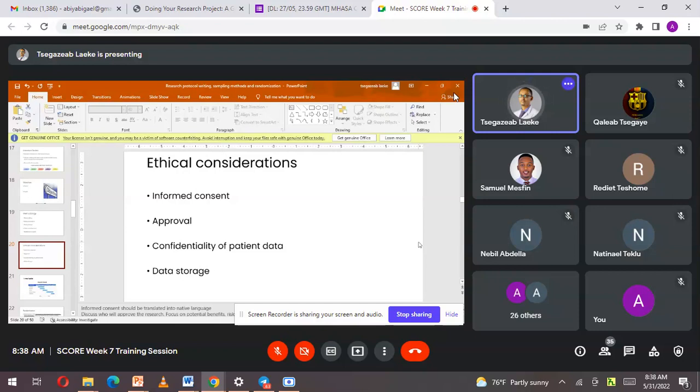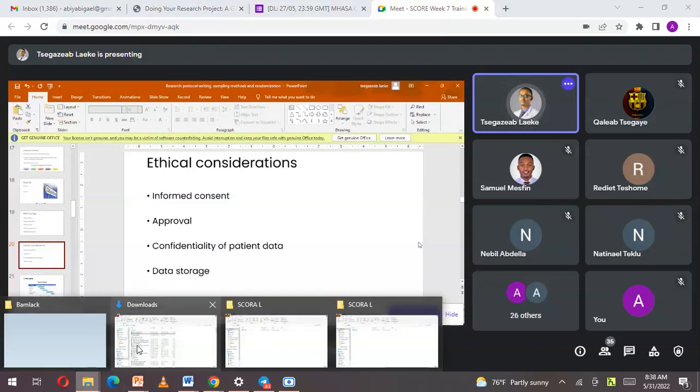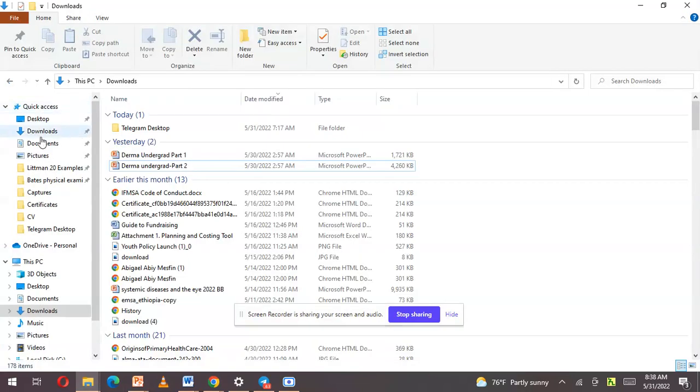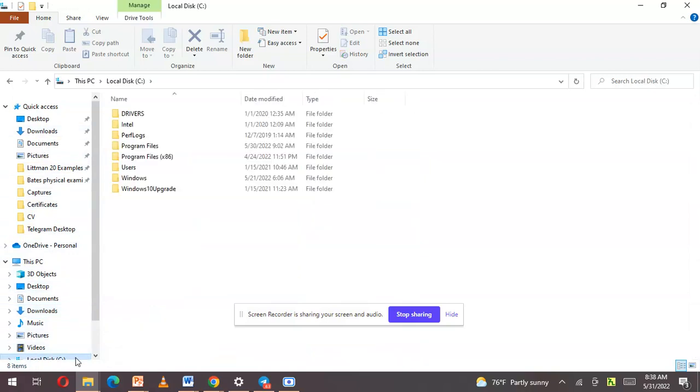The medical history of patients is really confidential, and you don't have to share the patient data with other colleagues and other researchers, or use it beyond what you intend to do with the information. Patient data should be stored in a safe place, and anonymity should be kept. So the patient's privacy should not be breached.